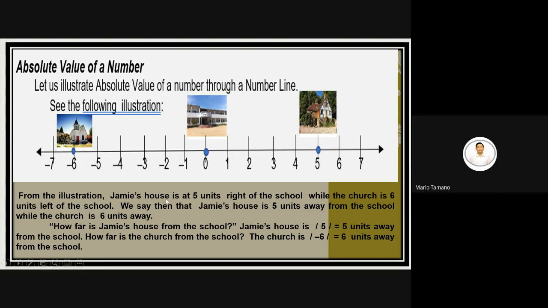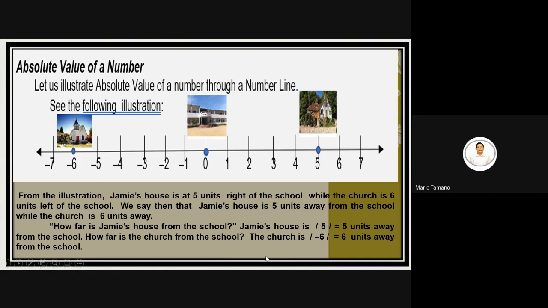Again, Jamie's house is at 5 units right of the school while the church is 6 units left of the school. So makikita naman po ang church doon sa kaliwa ng school, 6 units. Now, how far is Jamie's house from the school?